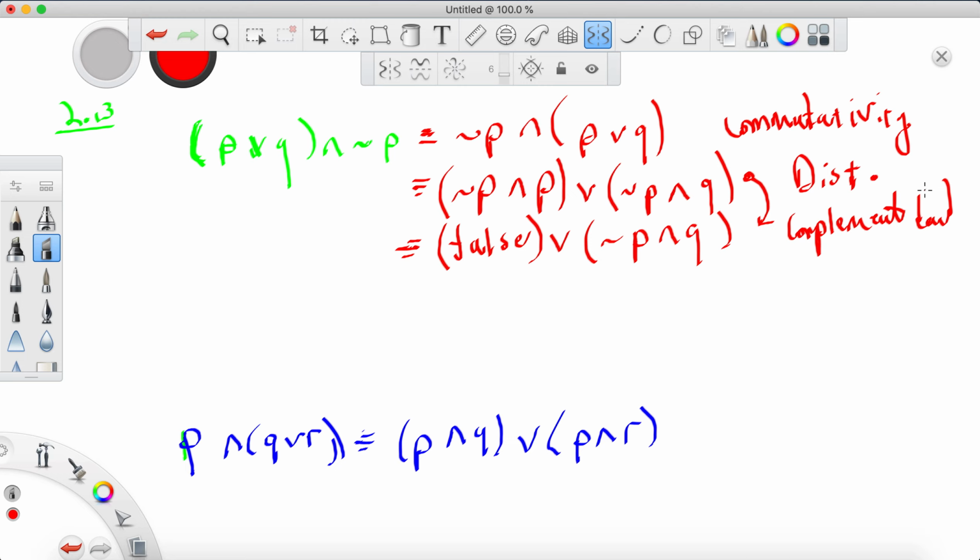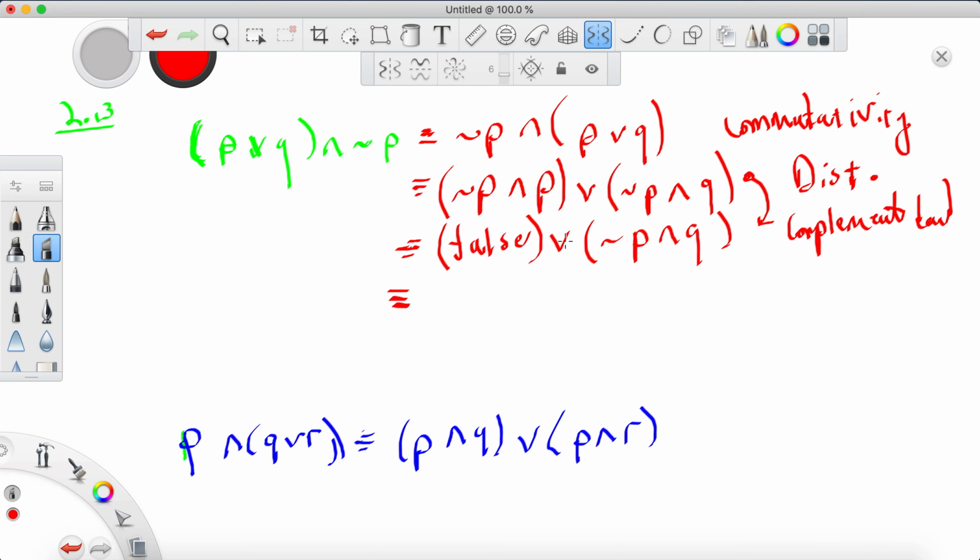And there's a really good reason why it's called the complement law, but I don't know that I want to go into that. Okay, so what happens if you have a statement and something is false and you have an or? It doesn't do anything. It's basically like adding 0.